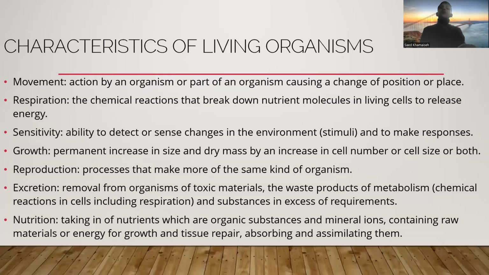So respiration is the chemical reaction that breaks down nutrient molecules in living things to release energy. The major importance of respiration is to release energy. This chemical reaction is done by the body itself.